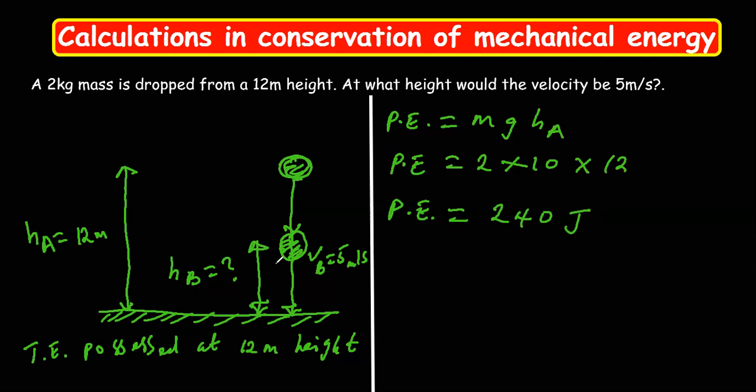Okay. Now we can calculate the total energy at B. For us to calculate the new height here, we are going to say that total energy is equal to the sum of the kinetic energy at B and the potential energy at B. So let me write the equation. At B, total energy is equal to the sum of the kinetic energy at B, 1/2 mv squared, plus the potential energy at B as well.